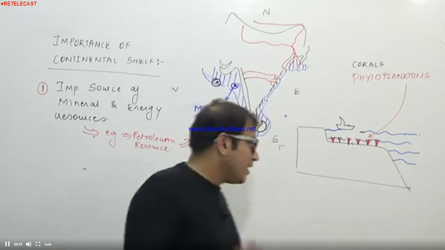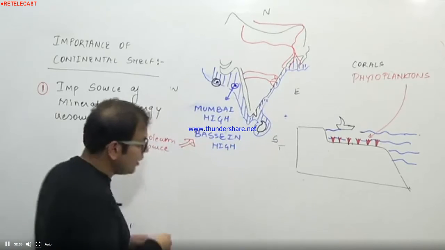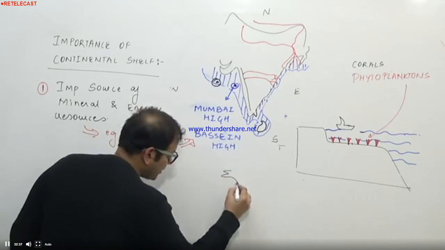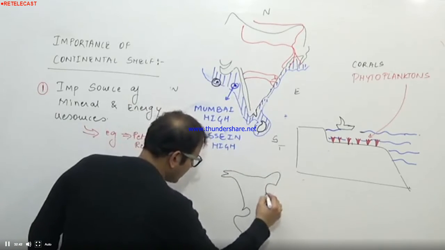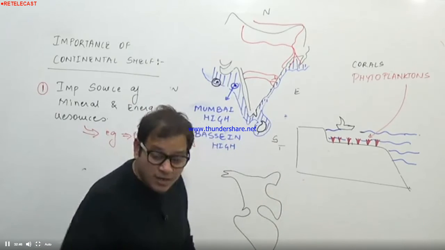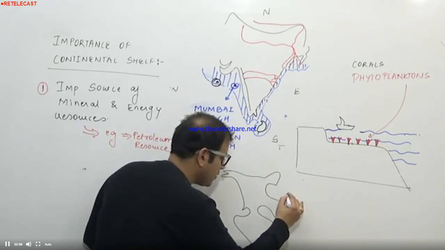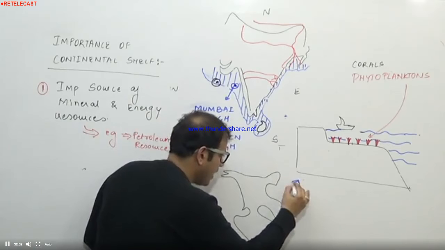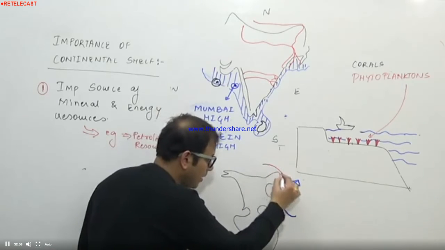In fact, if we have seen in the world map, if you remember, these largest fishing areas are concentrated in the areas where there is a meeting up of cold and warm currents. Why? Warm currents, ocean currents, originate in the equatorial regions, and the cold currents originate in the polar regions.